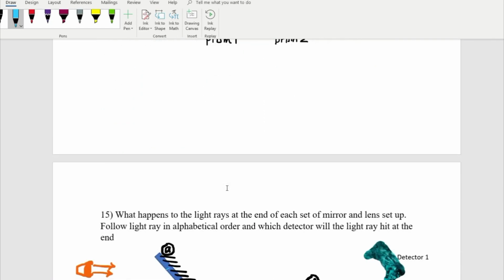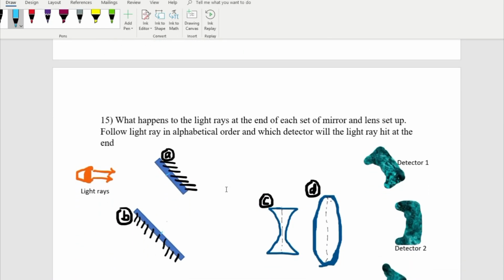And the final one is, what happens to light rays at the end of each set of mirror or lens setup? You should follow the light ray in alphabetical order, and determine which detector the light ray will hit at the end of its journey.